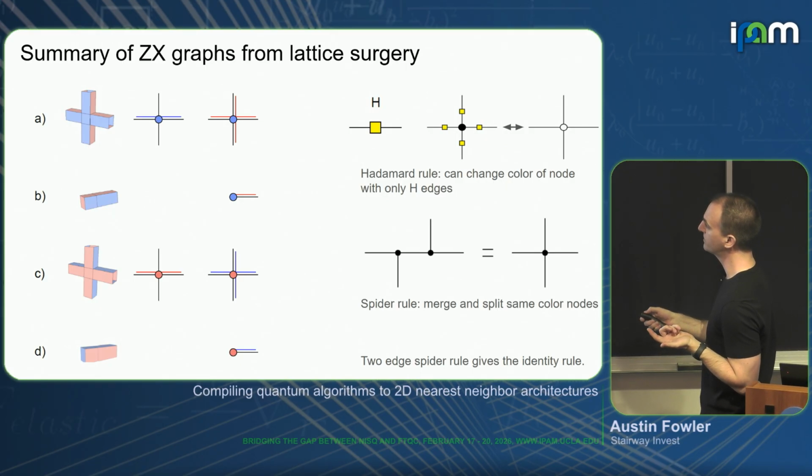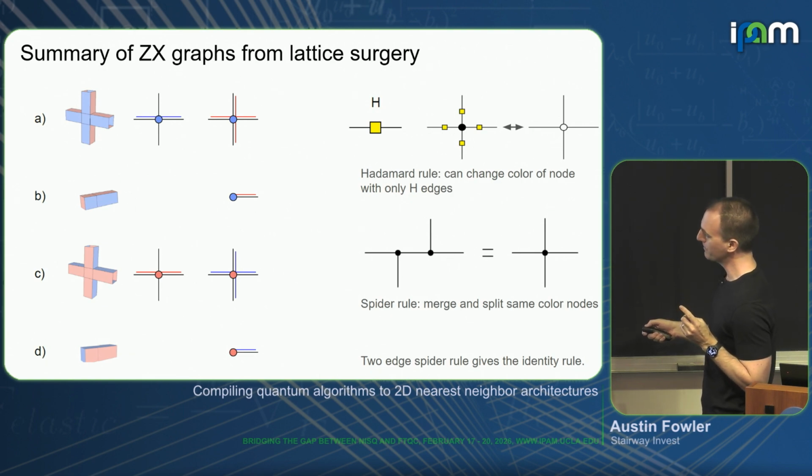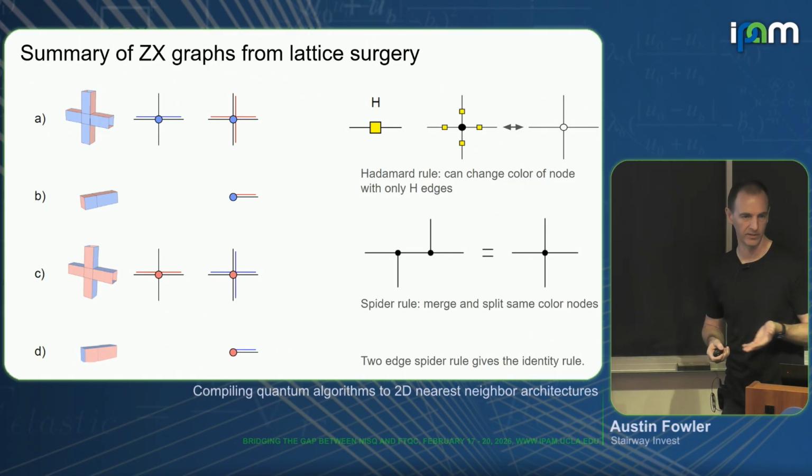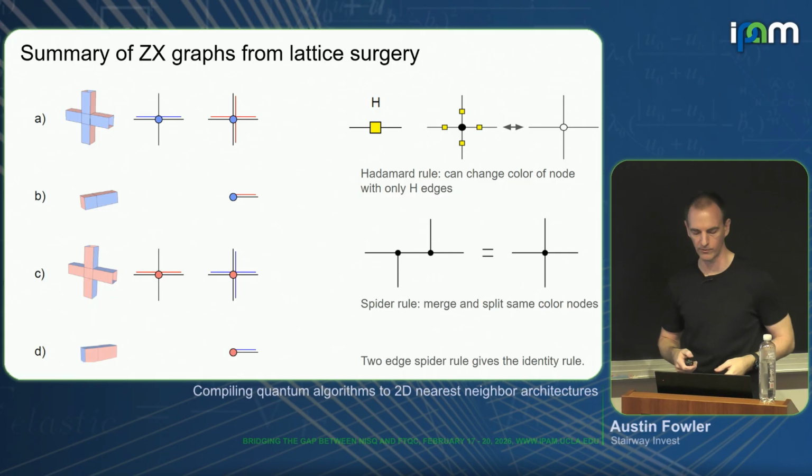We also can use this Hadamard around a node to change its color. If you think about it, if same color goes straight through, well, if a blue node comes in, blue logical operator comes in here, it's going to become red, and then it will have the opposite behavior of whatever was seen from a distance. So it transforms the color of the node.